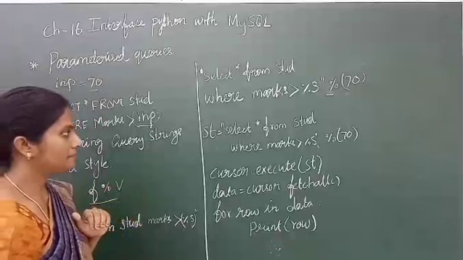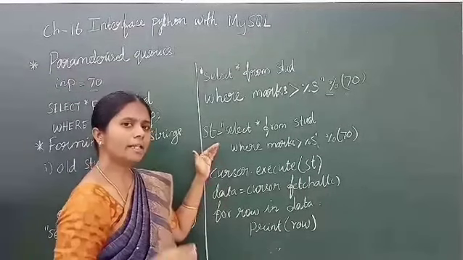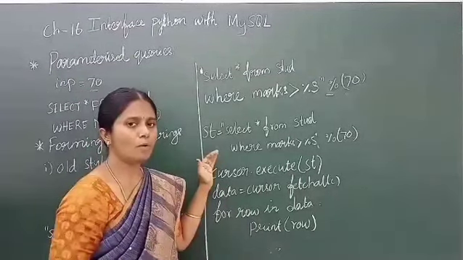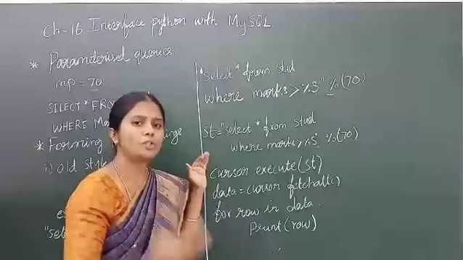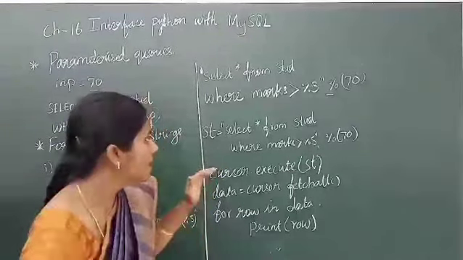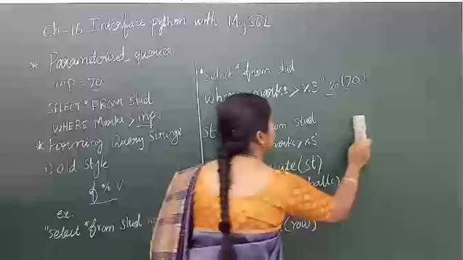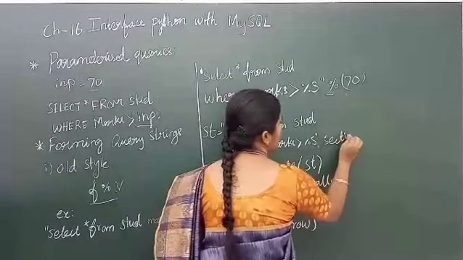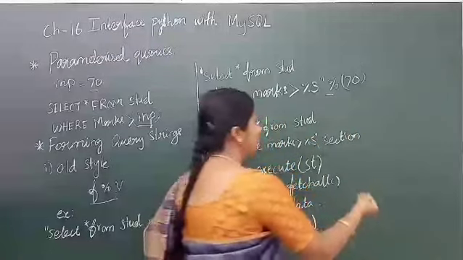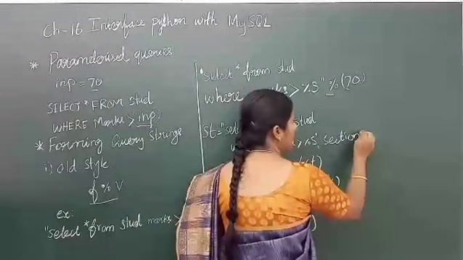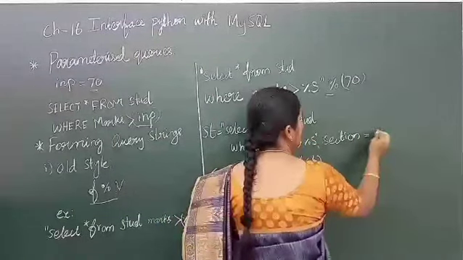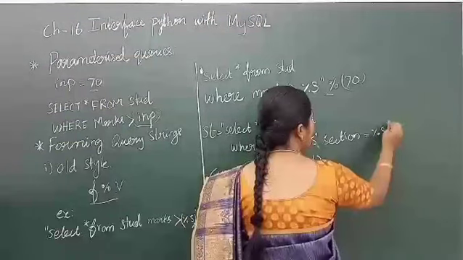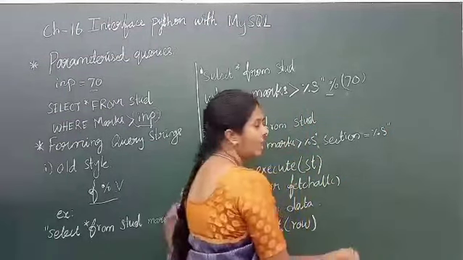Next, if you want to check multiple column values, for example the section column also, then section equals percentage s.